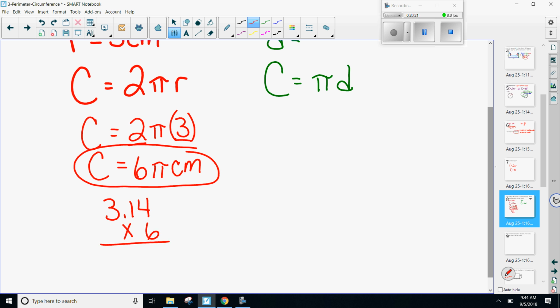But what had you better do? You better do your multiplication right, because if you miss the multiplication part of it, you're going to get it wrong. So 6 times 4 is 24. 6 times 1 is 6 plus 2 is 8. And 6 times 3 is 18. Were we close by saying it's a little more than 18 centimeters? Yeah. It's not even a whole centimeter. It's just a little bit more.